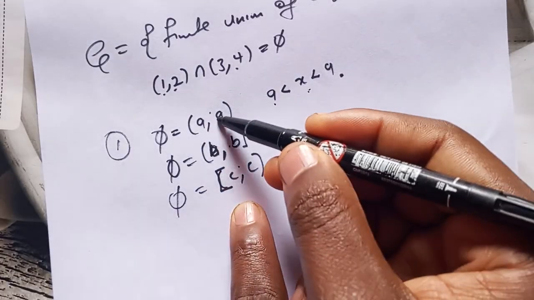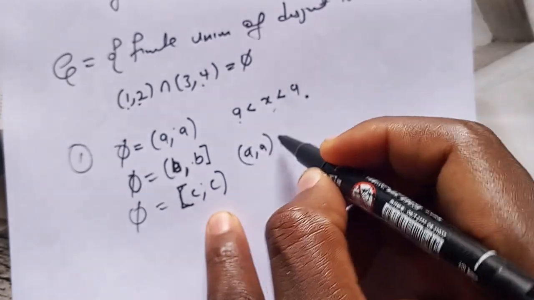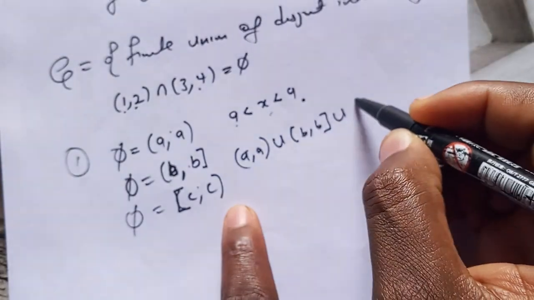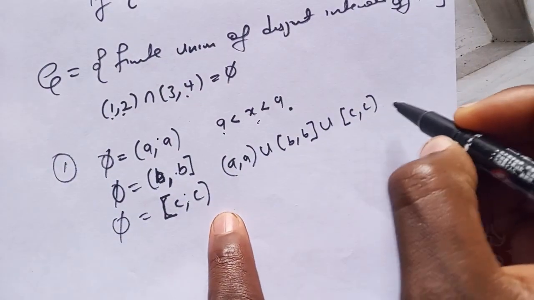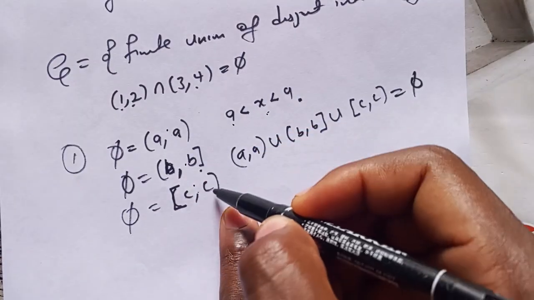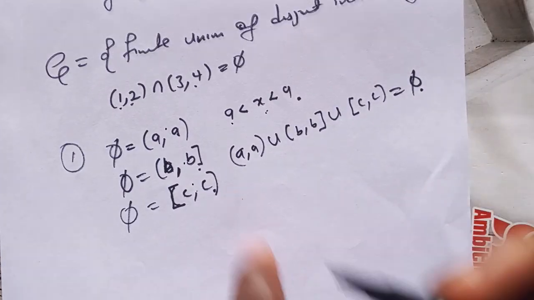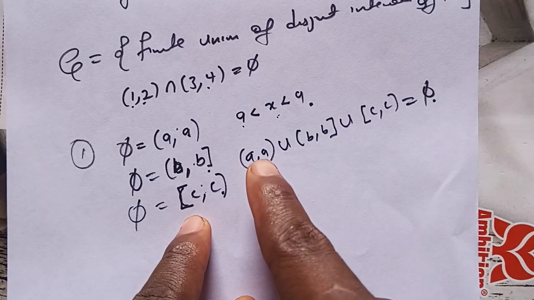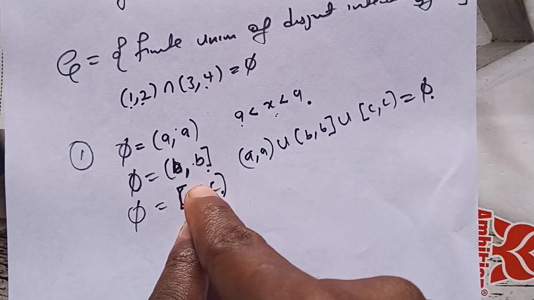But if you take their union, if I do (a, a) union (b, b) union (c, c), I will still have the empty set, because this is already empty, this is already empty, this is already empty. So the union of empty sets will still give me the empty set. Observe that these intervals are disjoint, in the sense that this intersect this is empty, and this intersect this is empty.